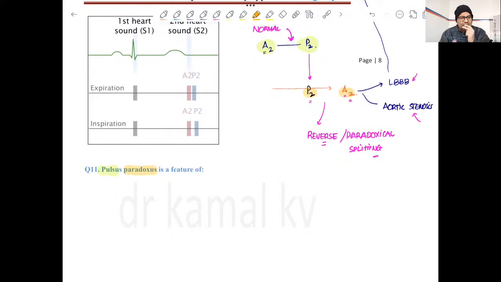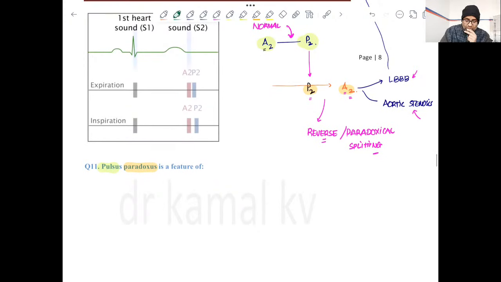Now there are many conditions in which we can find pulsus paradoxus, where we can feel pulsus paradoxus. For that you need to again remember the basic concept. What happens if we take the systolic blood pressure during expiration, say it is 120 millimeter of mercury. Now what happens during inspiration?